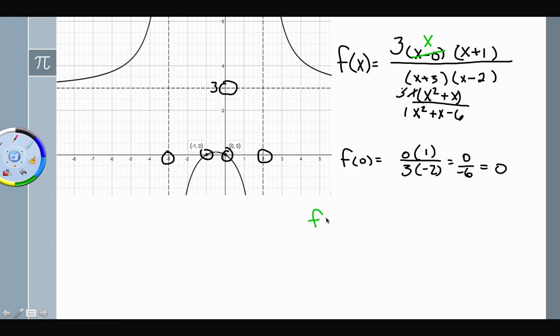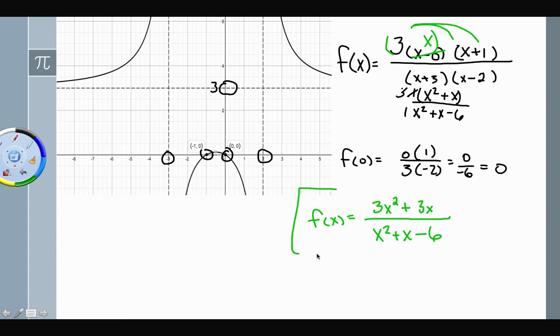So we're going to say f of x equals, we get 3x times x, so we're going to take this guy here, and we're going to distribute on top of that. So we get 3x times x, which is 3x squared, and 3x times 1 is 3x. And then in the denominator, we have already FOILed that together. We get x squared plus x minus 6, and we have a final answer.